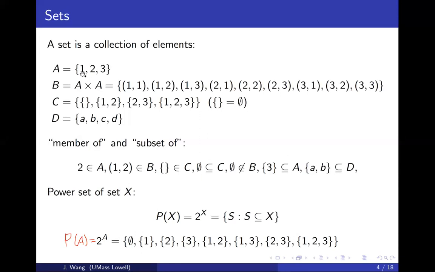Of course, the empty set is always in 2 to the A, its power set, and the set itself. So we have the empty set and the set itself, and then all the subsets. So {1} is a subset, okay? So set {1}, set {2}. So these are all the subsets. Okay, so that is the set notation we're going to use a lot.